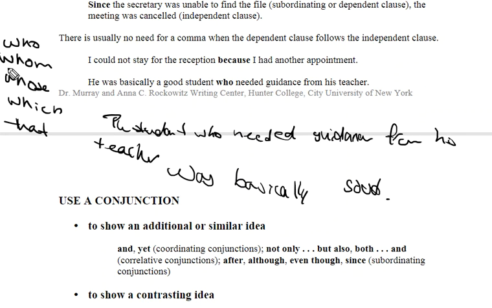Or the children whom I'm in love with are going to school right now. Because if you ask me whom are you in love with, I would say I'm in love with them.